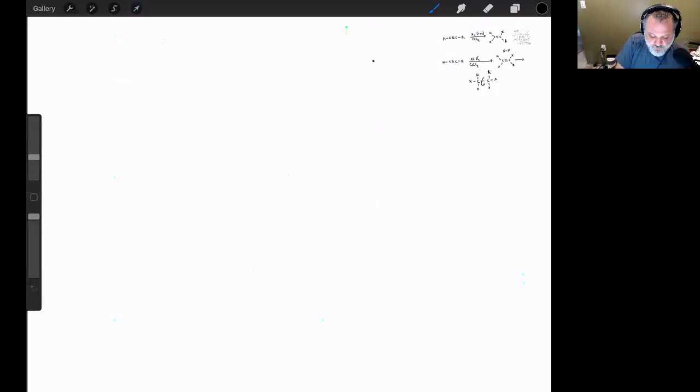And so if we think about the reactions that we already know, which is H2 in the presence of a metal catalyst like platinum or palladium, then you have to add two equivalents because we're going to add it twice.